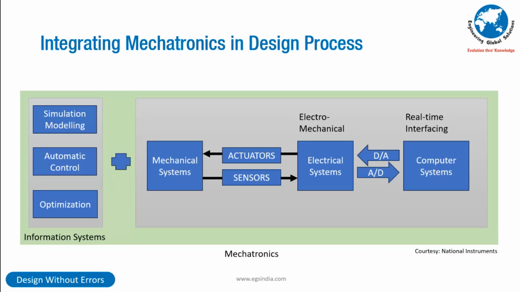Herein, you can use the simulation modeling inside the CAD tool. You can use the controlling functions inside your embedded systems. You can go back and forth between the two and do the optimization of parameters with the feedback coming in from the embedded systems.